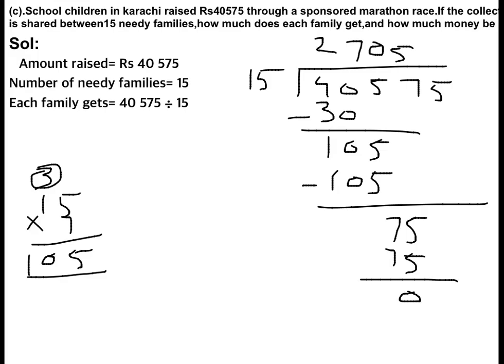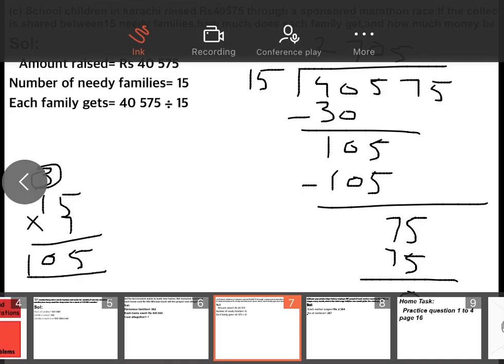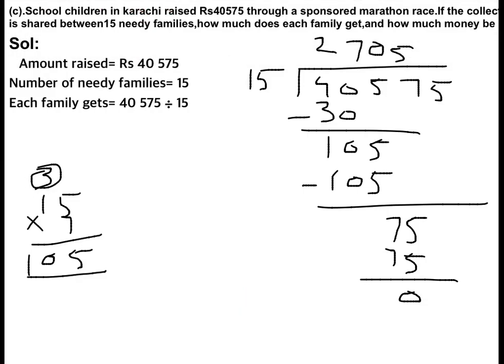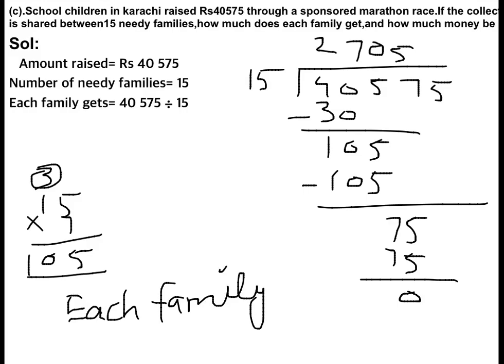Understand student? So the answer is: each family gets rupees 2,705.